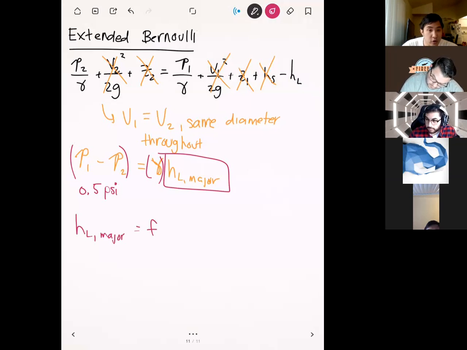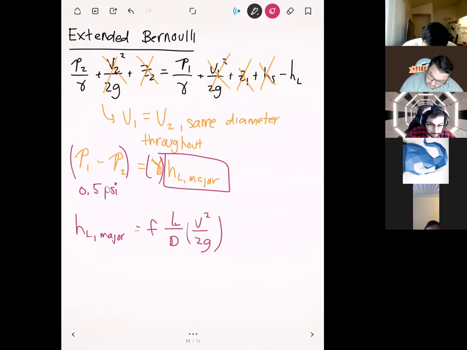And so our formula for major losses is friction factor times L divided by D. Let me use a capital L here. Times V squared over 2G. And so we basically need to solve for this guy right here.